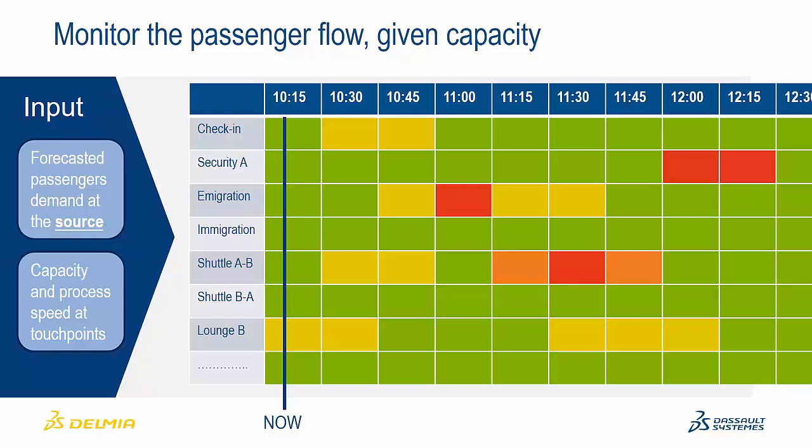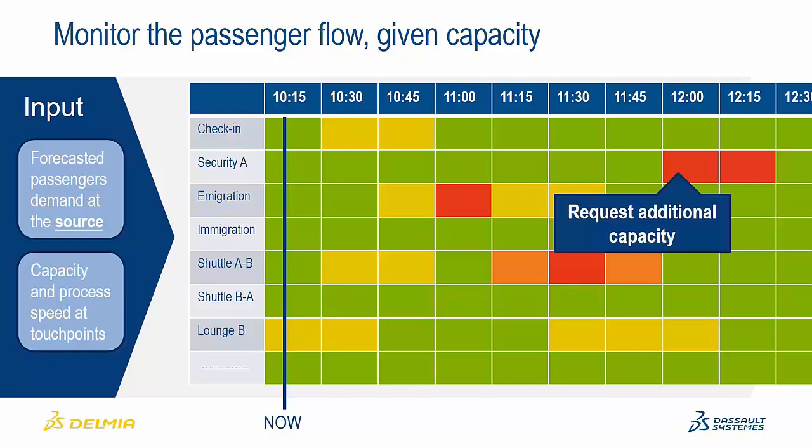This can be used by your operational controllers to find out where are my bottlenecks and to start suggesting changes in the resource plan. So in this case, we expect a problem at the security area at 12 o'clock. What we could do is ask for additional capacity.